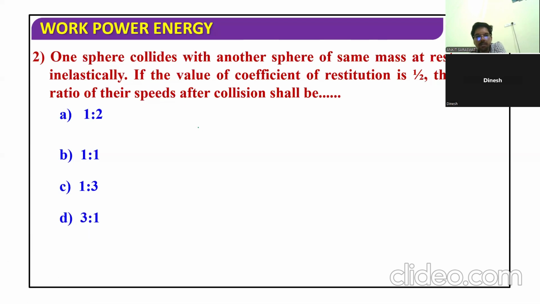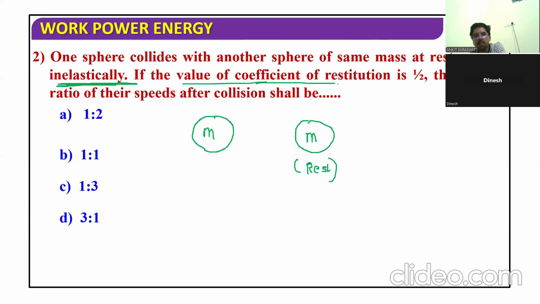One sphere, same mass, is at rest. The collision is inelastic. If the value of the coefficient of restitution E is half, what is the ratio of their speeds after collision?